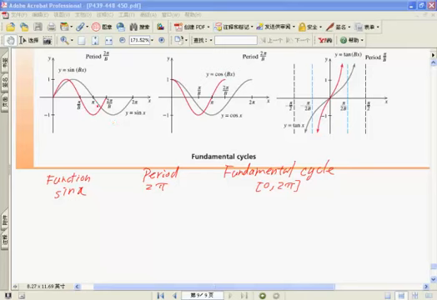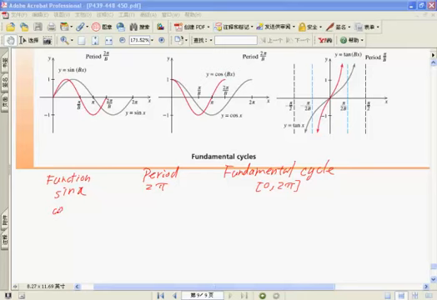From this graph, you can see the black one, from 0 to 2 pi, is the graph of sine x. This is the fundamental cycle from 0 to 2 pi, and its period is equal to 2 pi.